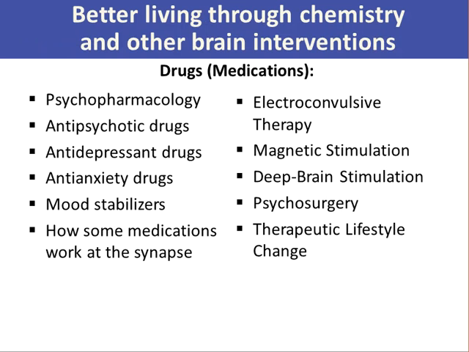Better living through chemistry and other brain interventions. Psychopharmacology: antipsychotic, antidepressant, and anti-anxiety drugs, mood stabilizers, how some medications work at the synapse, ECT or electroconvulsive therapy, magnetic stimulation, deep brain stimulation, psychosurgery, and therapeutic lifestyle change.